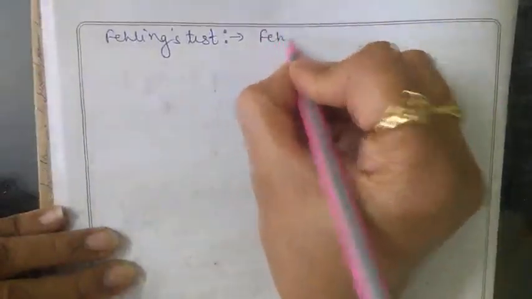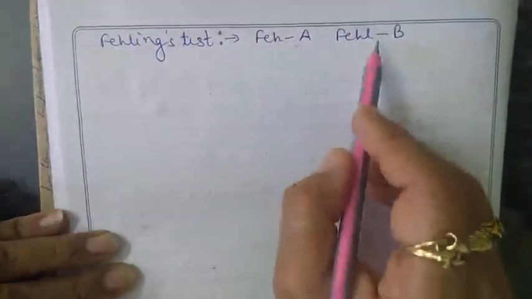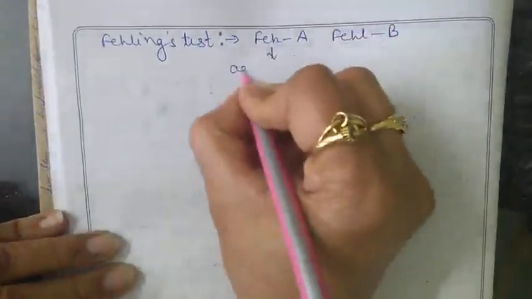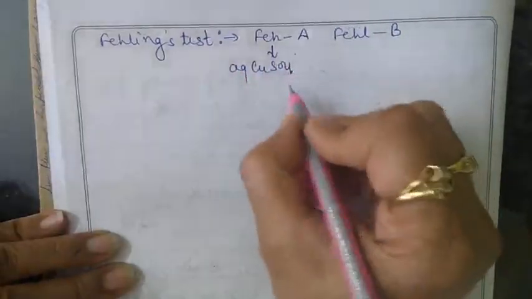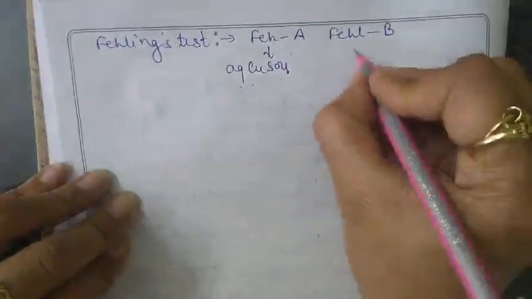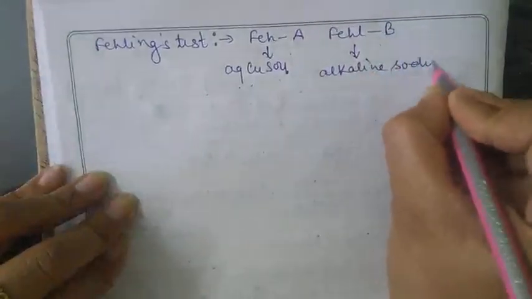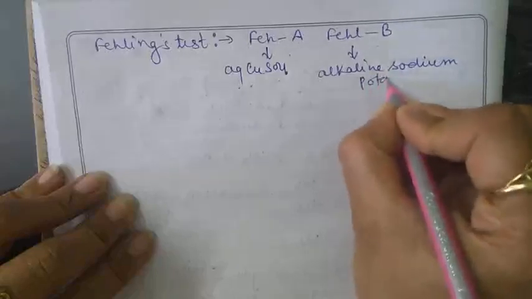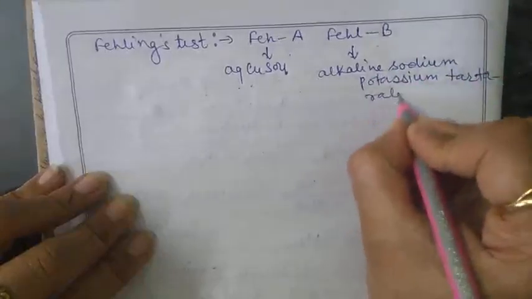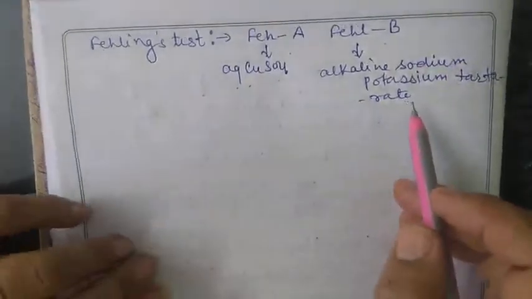So we have two types of Fehling solution, Fehling solution A and Fehling solution B. Fehling solution A is the aqueous CuSO4 solution, an aqueous copper sulfate solution, whereas Fehling solution B is the alkaline sodium potassium tartrate.